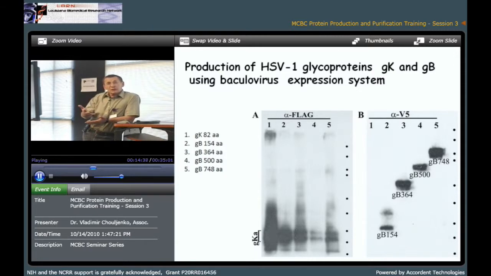For this publication, we had to produce a set of different recombinant baculoviruses expressing different portions of different herpes simplex glycoproteins.